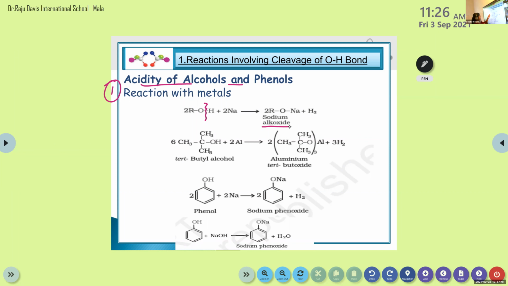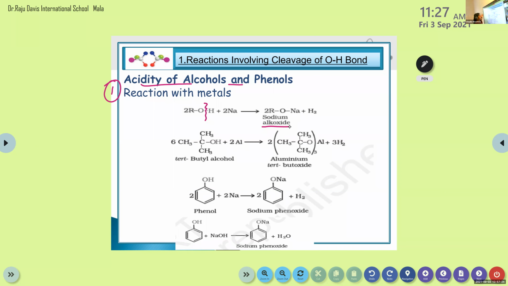Here it's a simple reaction, just the bond between oxygen and hydrogen breaks and sodium will be attached. Here alcohol will act as a nucleophile. That's the reason why the cleavage of the OH bond occurs. This is clear, children? Yes.